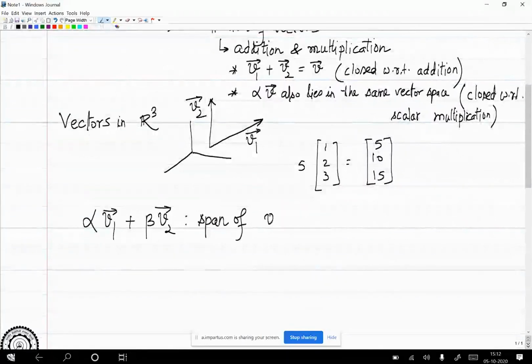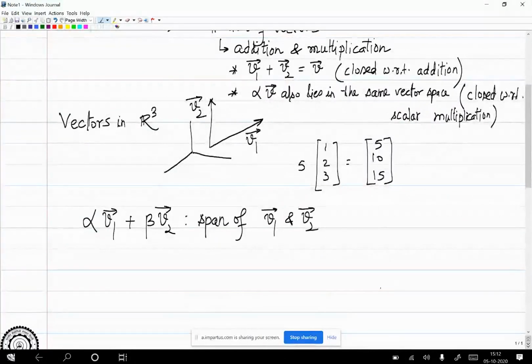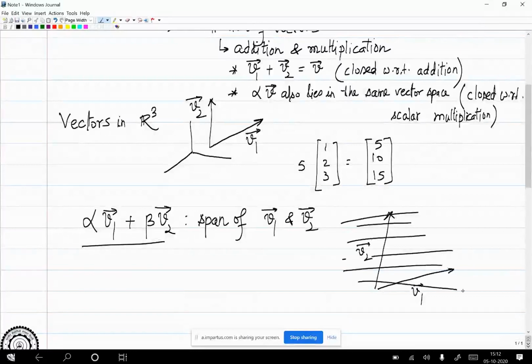And if you try to think of it geometrically, you have this v1 and another vector v2, then this span lies in the plane formed by v1 and v2. We can think of a plane containing v1 and v2, and this span is the plane formed by v1 and v2.